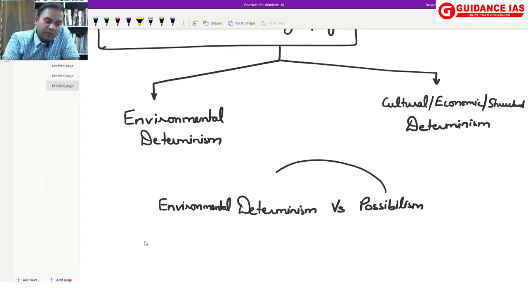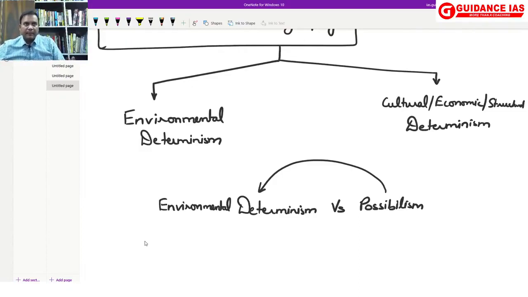Vidal developed possibilism as a reaction to environmental determinism, where it was stressed that everything is being controlled by environment. This rigid and mechanistic type of relationship which was tried to be established by the environmental determinism school was not liked by Vidal, because he believed that there is a kind of balance in the relationship.